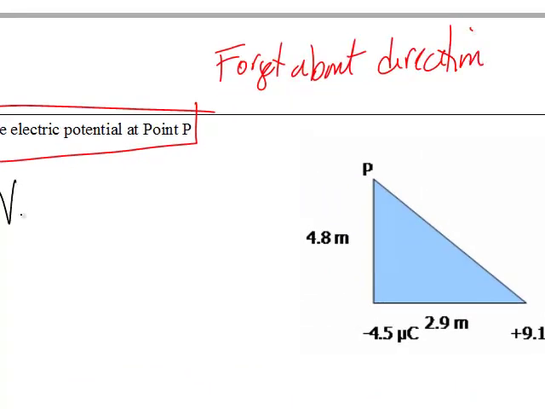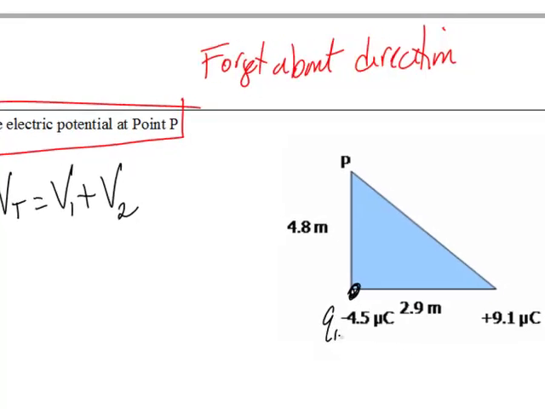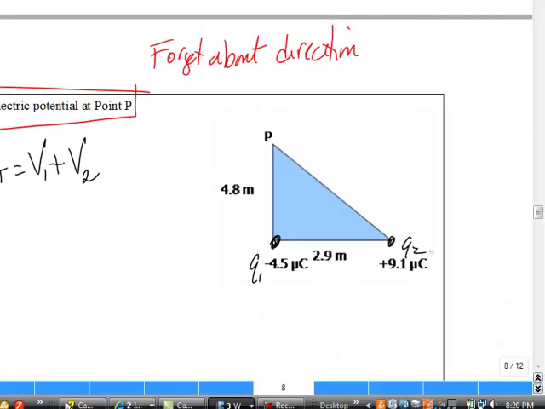So if I want to calculate the total potential, I'm going to calculate the potential by the first charge plus the potential by the second charge. And I'm going to label this one Q1. I'm going to label this guy Q2. So to calculate the total potential, all I have to do is add them up. So my total potential is going to be kQ1 over r plus kQ2 over r.